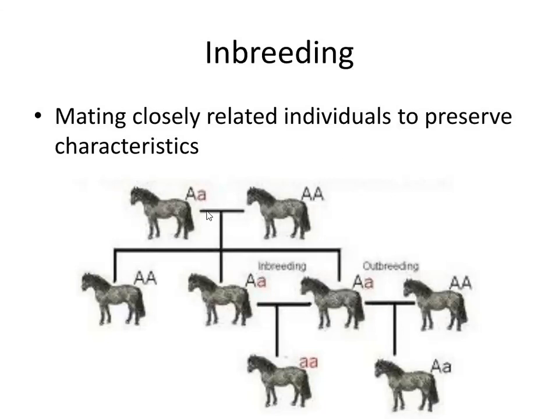This is an example here of adding stuff in our family tree. It can eventually create problems. If this one over here, however, gets married into something not from the family, that's going to be better. So when we inbreed, it's made in those closely related individuals to preserve the characteristics, but that does not mean it's healthy to do. So all of a sudden, again, there's a little bit of inbreeding in here, and now there's an offspring here that has this recessive trait, that has this undesirable trait that's emerged from it.